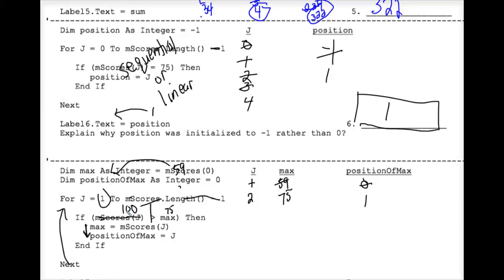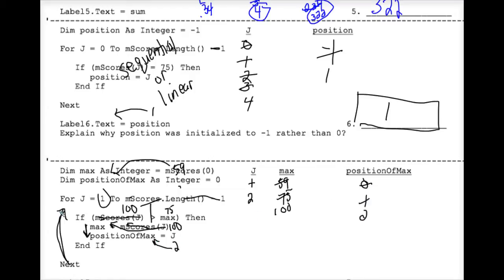M scores j is currently this 100, and that 100 plugs into max. Just like 75 replaced the 59, we now have a new winner, 100, a new biggest number. J is currently 2, so a 2 plugs into position of max.